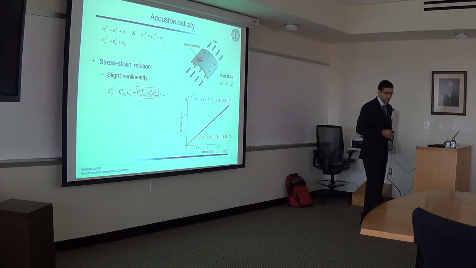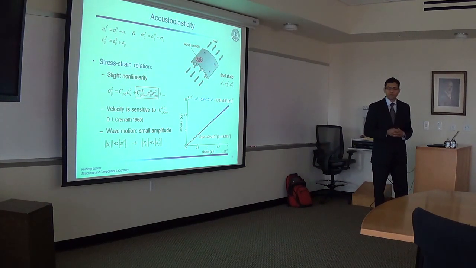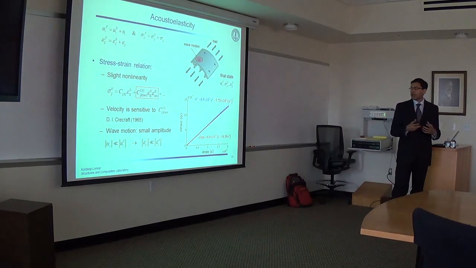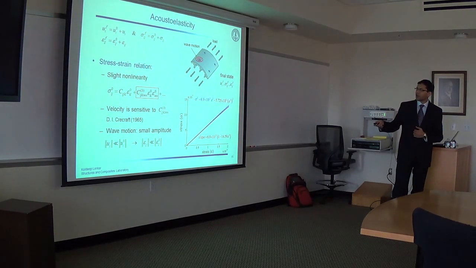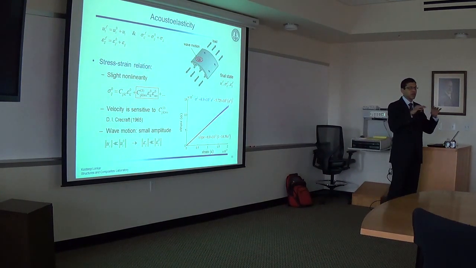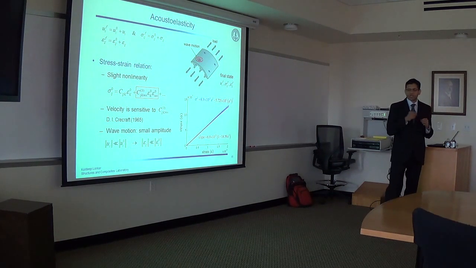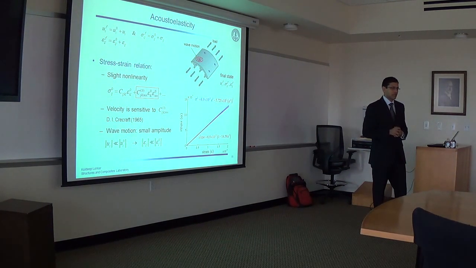And the slope of this red line gives us the effective elastic modulus at that point, which depends on the strain at that point. Now it turns out that these waves are very sensitive to these nonlinearities. The velocity of these waves are sensitive to the third order elastic moduli in this higher order term. The wave motion is actually small disturbances propagating, and the motion of these particles is affected by the effective elastic modulus.